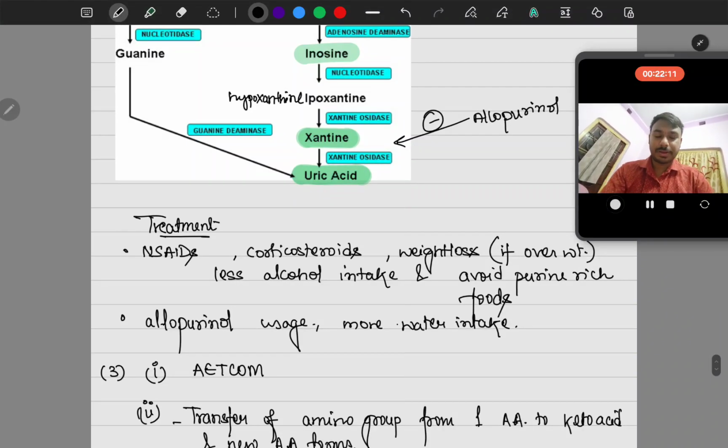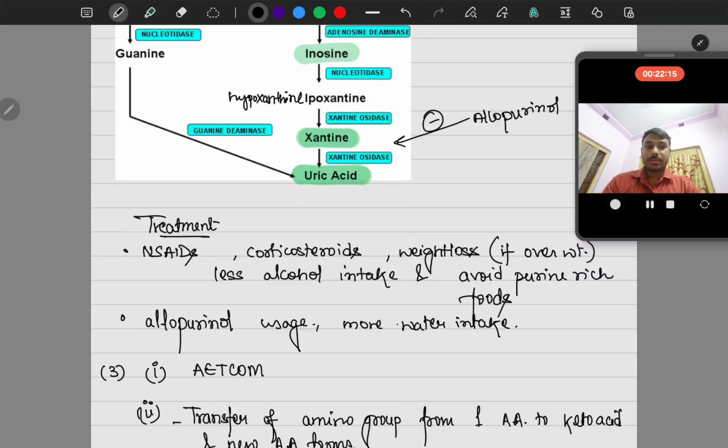Now the treatment. In the treatment procedure there can be many medicines. First medicines can be NSAIDs, non-steroidal anti-inflammatory drugs, and corticosteroids, steroidal drugs. Other advice will be weight loss.